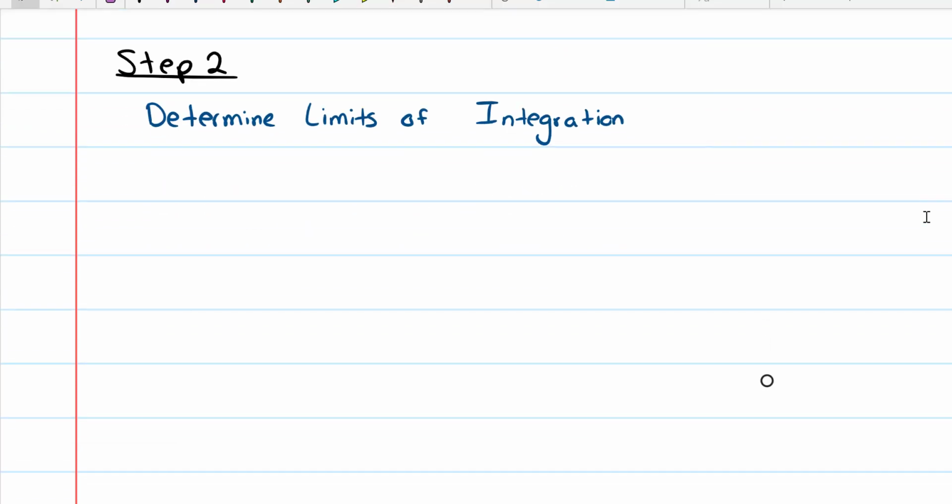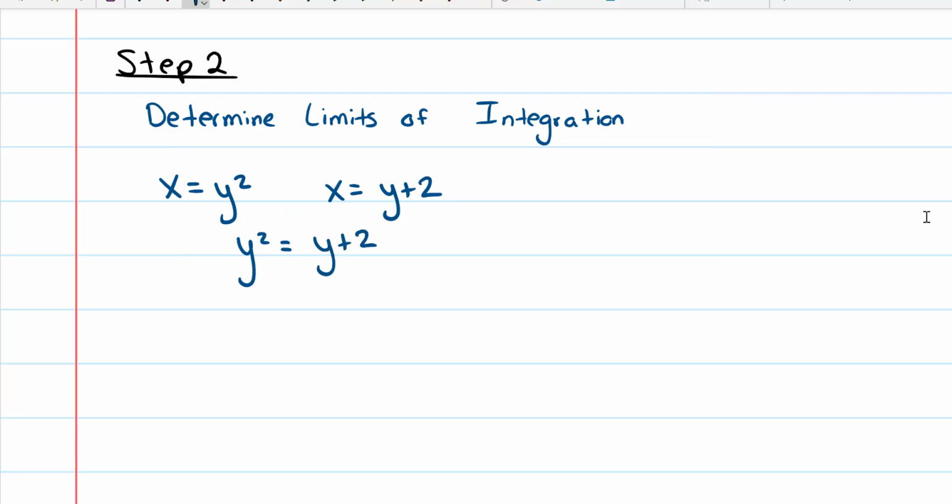Step 2 is to determine the limits of integration. Well, by just looking at our graph, we determined what they were, but let's do it by hand. So we have x is equal to y squared, and we have x is equal to y plus 2. So we set those equal to each other, just like when we solve for x's: y squared equals y plus 2. And then we go ahead and solve. So y squared minus y minus 2 equals 0.